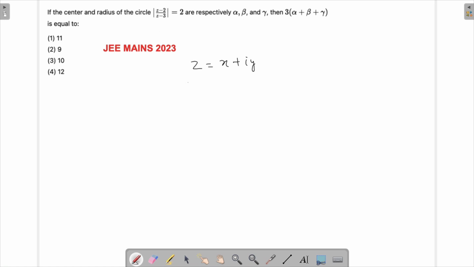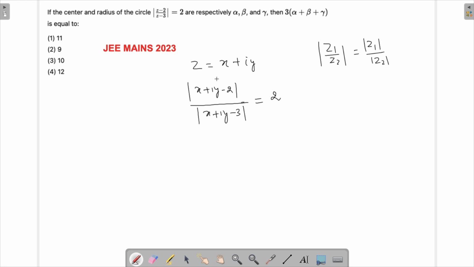So in this case, we can write modulus of (x plus iy minus 2), divided by (x plus iy minus 3), modulus of that equals 2, right? What I've done is already use the property that modulus of z1 upon z2 is equal to modulus of z1 upon modulus of z2.